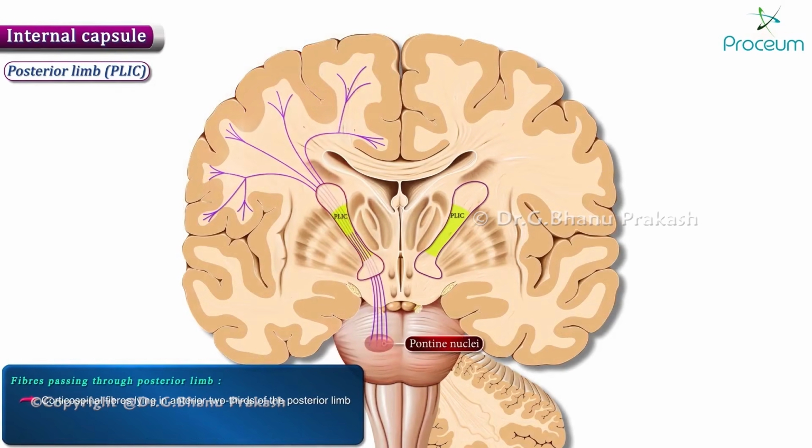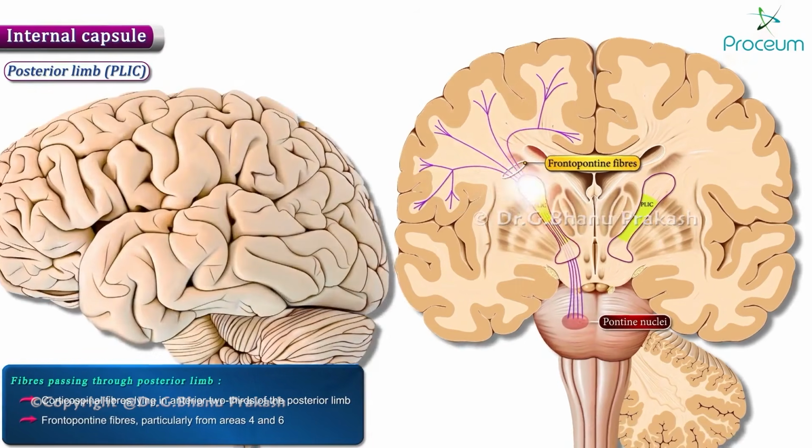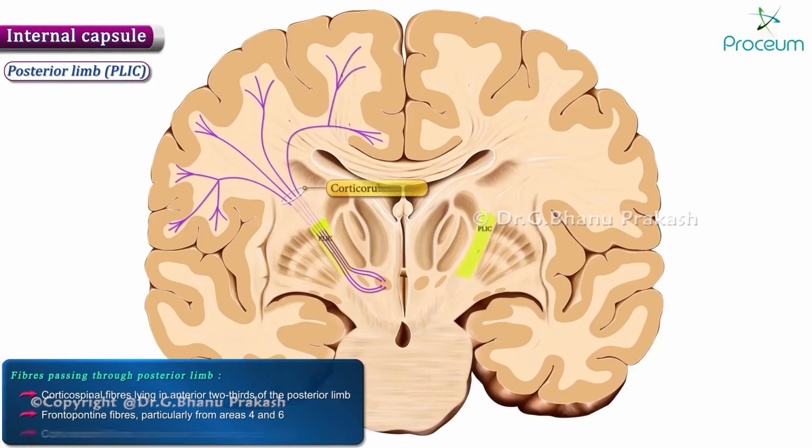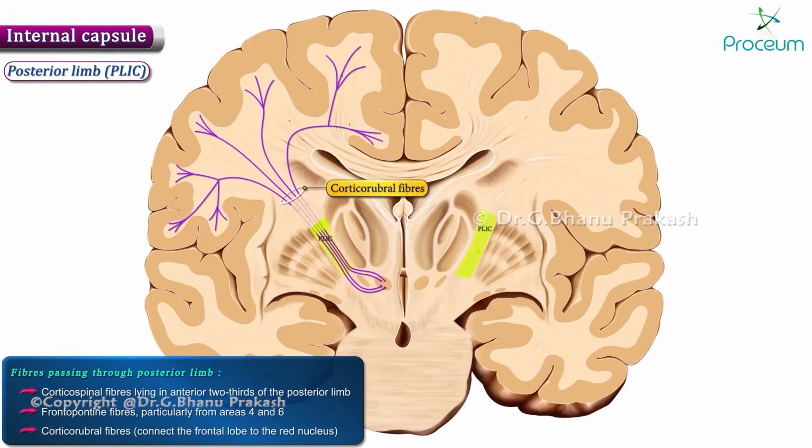Other descending axons include frontopontine fibers, particularly from areas 4 and 6, and cortico-rubral fibers, which connect the frontal lobe to the red nucleus.